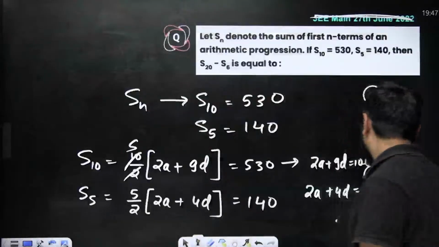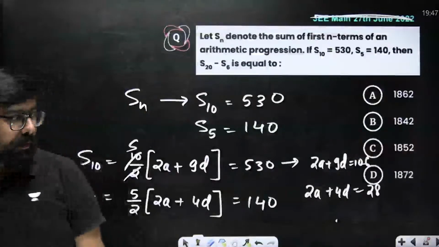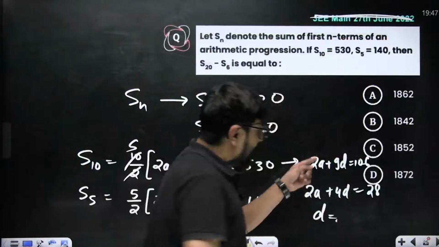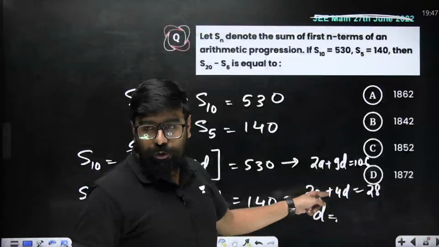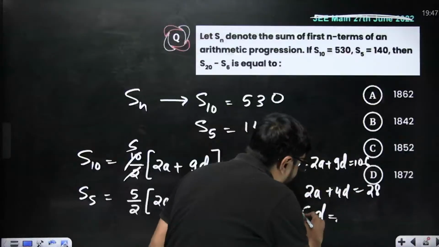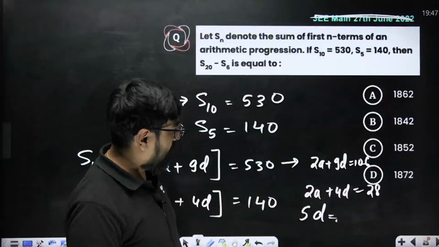Sorry. You'll just subtract both the equations and find d. You know how to do it. What will be d? 5d will be equal to 106 minus 28.